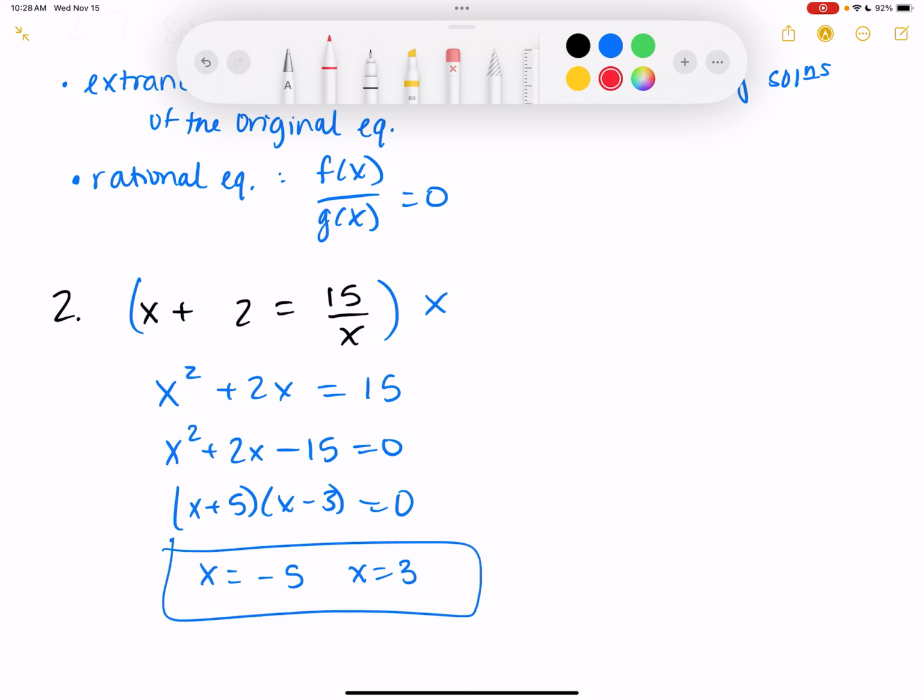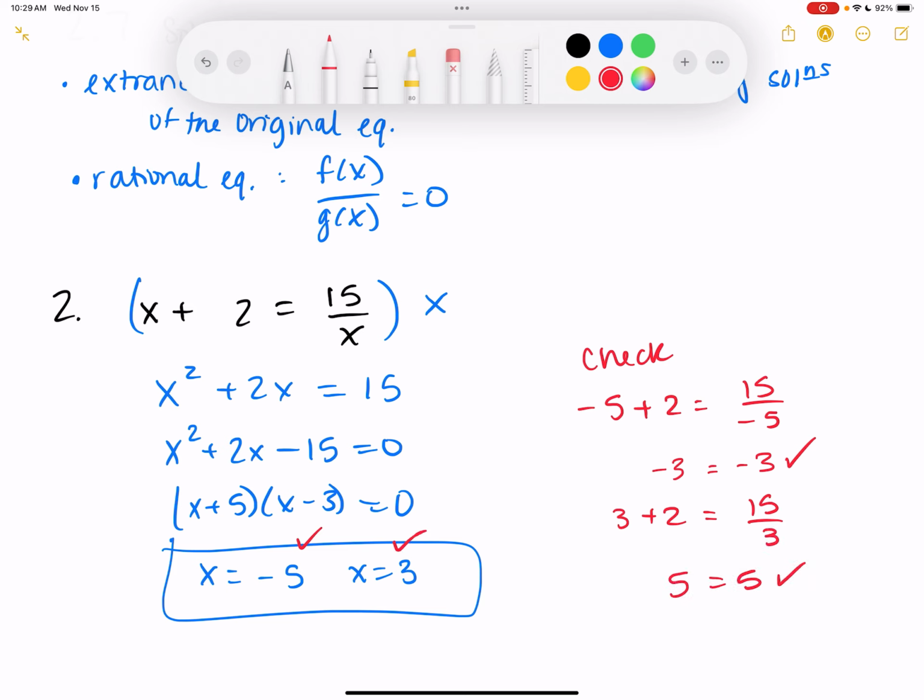But I'm going to go through and check them to make sure, each one individually. So -5 plus 2 is equal to 15 divided by -5. So -3 is equal to -3. So we're good to go with that one. And then with 3: 3 plus 2 is equal to 15 divided by 3. 5 equals 5.